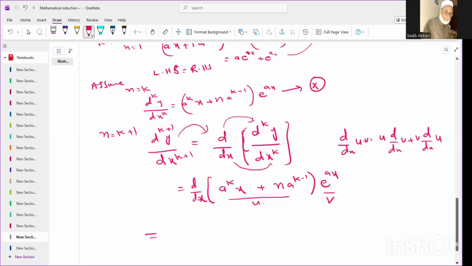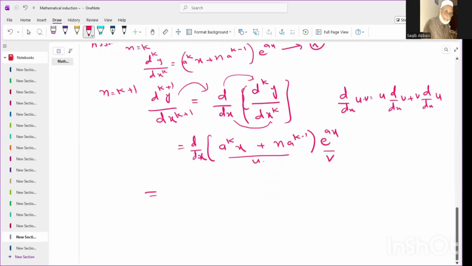Now how do you deal with these equations? What is the derivative of the first function? If you write it, u is a^k x plus n a^(k-1), because here u is similar to this.